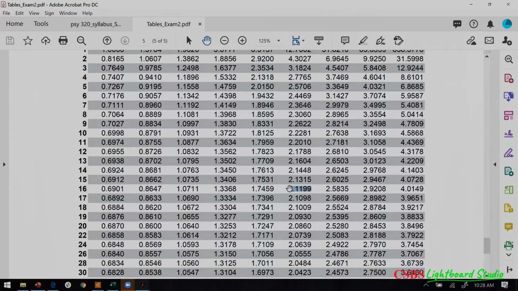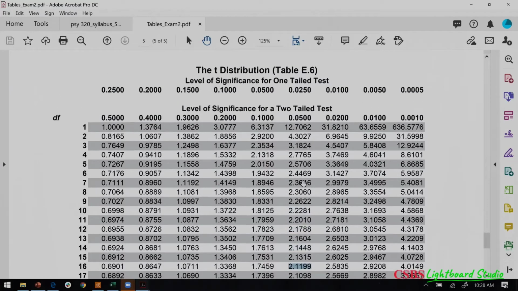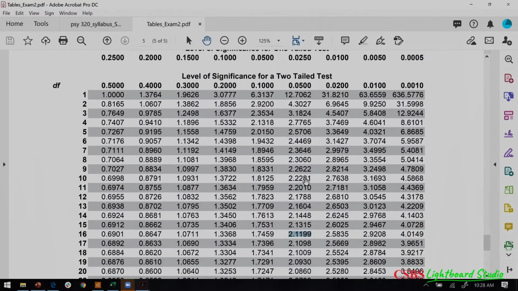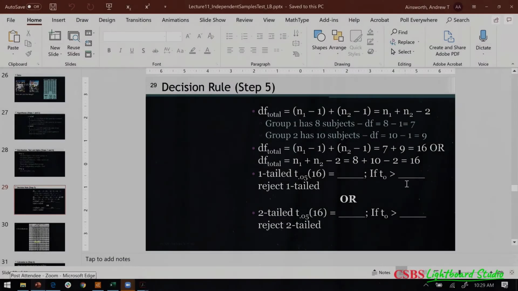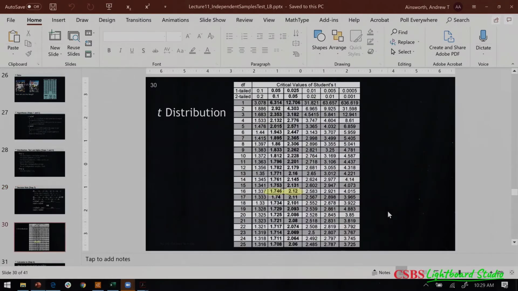So 2.1199 is our critical value, and it's the same as if we did it this way. But just to give you some experience looking at this table, those are the two different places you would start and scroll down to here. They're the same numbers, just one goes to 4 decimals, the other one goes to 3, but they look very similar to the numbers you find in this table.